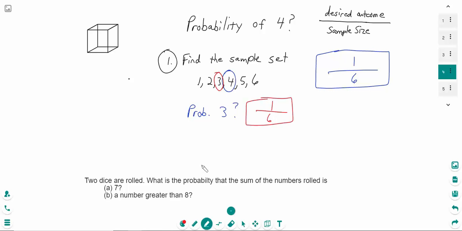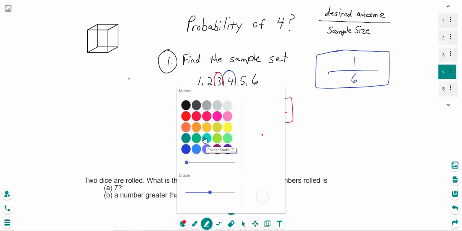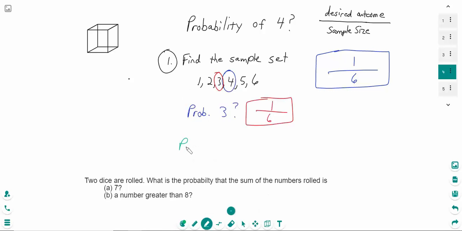But we could get a little more creative here. What's the probability of rolling something greater than 3? This is an interesting question, because if we look at our sample set, we have to find all of the outcomes that are greater than 3.